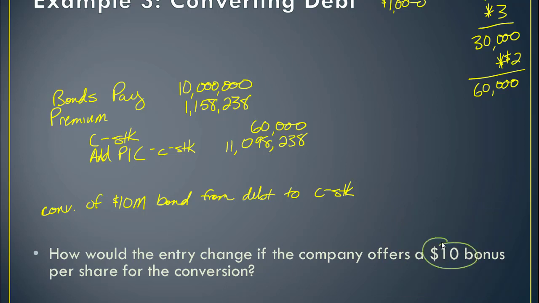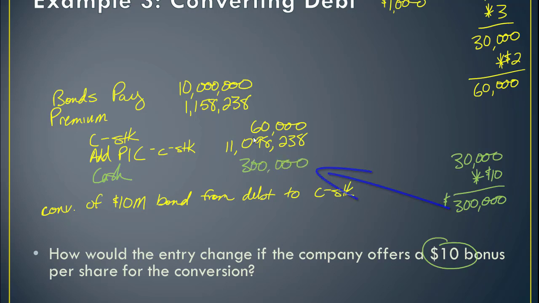So this is $10 per share of stock. So 30,000 shares of stock times $10 each means that we're going to pay $300,000 to these new shareholders as part of getting them to convert. So if I'm paying them $300,000, that means I've got a credit to cash. And I put that in a cleverly labeled account called bonds conversion expense.